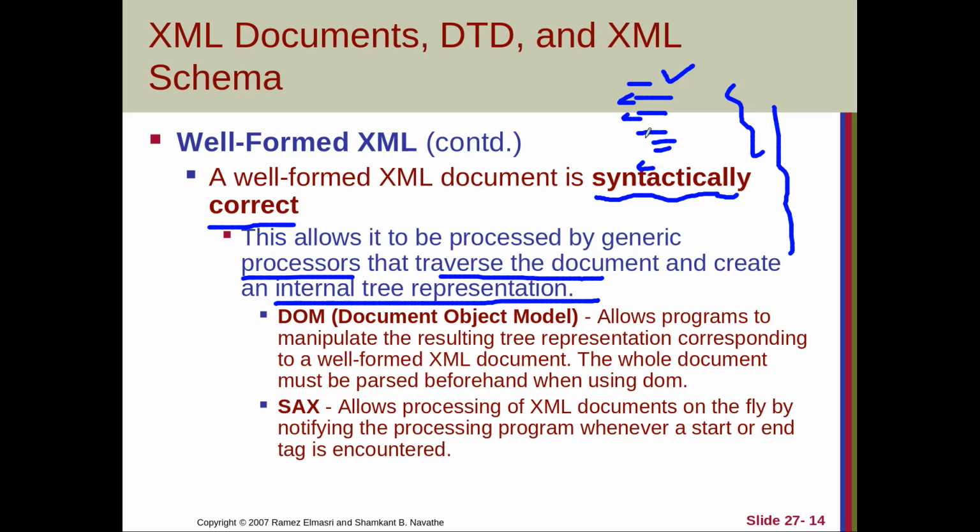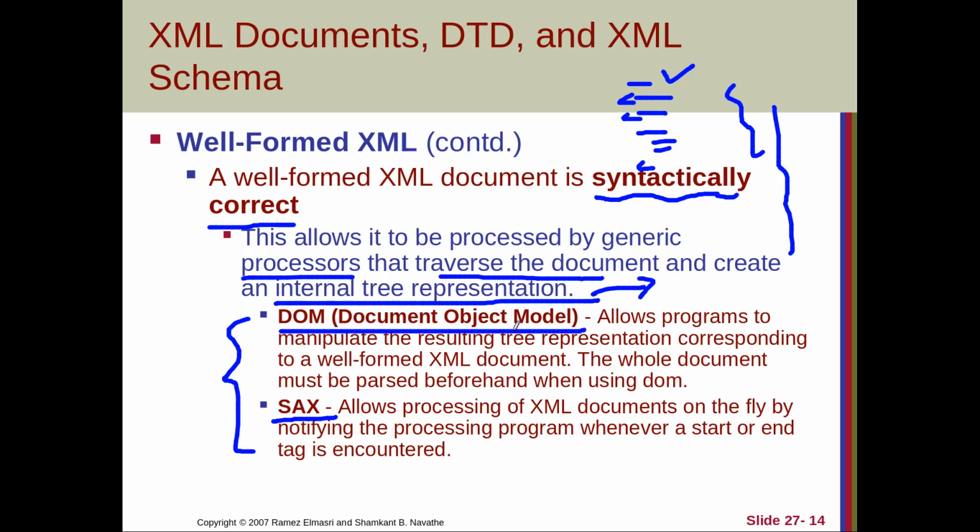Internally this representation will be converted into a tree representation, and this tree will be processed by using either of two methods. One is by using the Document Object Model, commonly called DOM, or by following a different processing methodology called SAX. So what is this DOM?